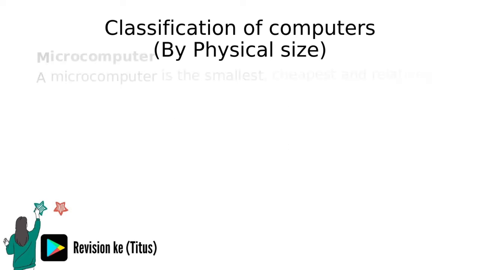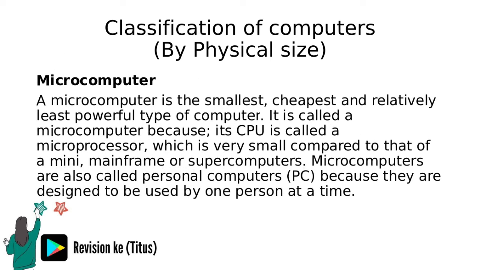Then we have what is closer to us, microcomputers. These are the smallest and the cheapest. Their processing power is quite sufficient for normal use, like in training, learning institutions, businesses, and all that.